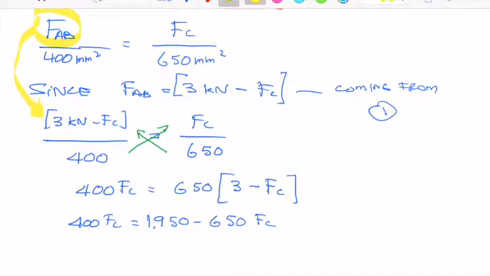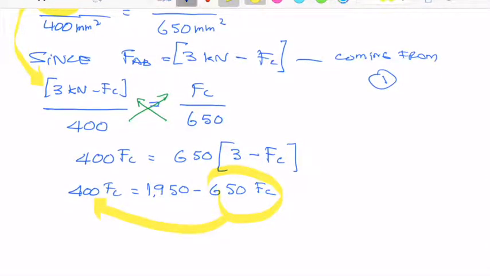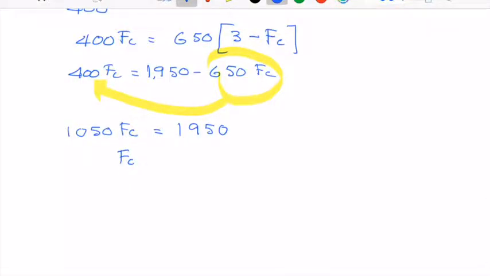Then I'm going to bring my FC to one side, so I'll have a common term here. So I have 650 FC added to 400 FC, so I have 1050 FC equals 1950, and my FC is equal to 1950 divided by 1050, and this will give you the answer in kilonewton.